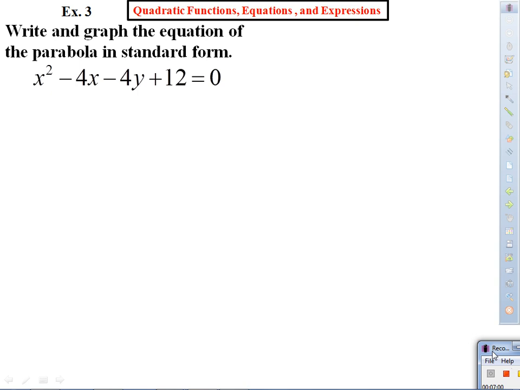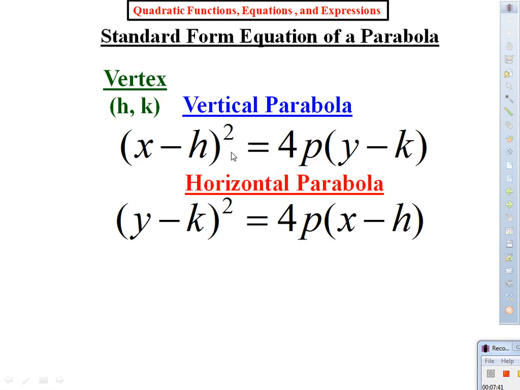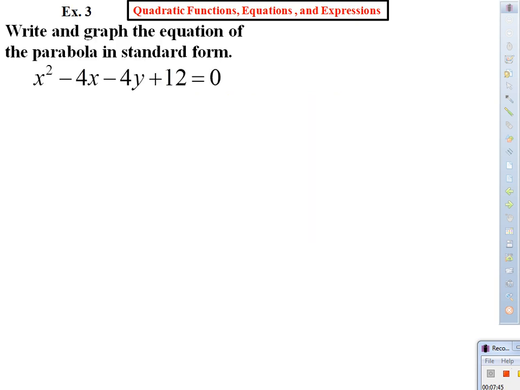To get started, this needs to be in standard form. You're like, what does that mean, Mr. Q? Well, it needs to look like one of those. But it doesn't look at all like one of those. Okay, but we get a clue as to where to start. First clue.